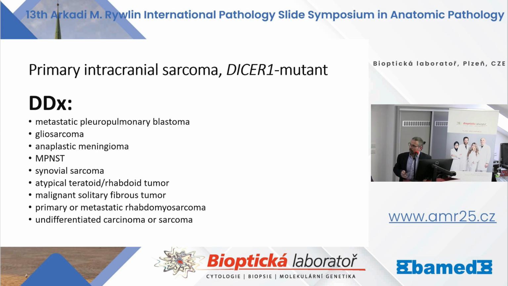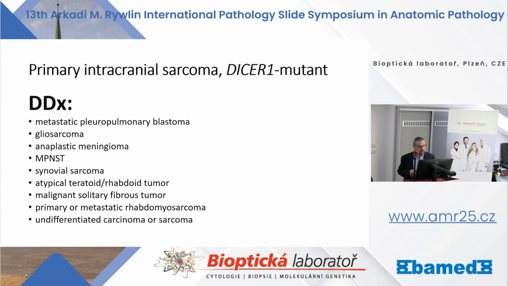The differential diagnosis is quite broad. In cases, especially when sarcomatous differentiation is present, metastatic pleuropulmonary blastoma must be ruled out by clinical means, by radiology. Glioblastoma showing no or very limited glial differentiation may look like this, and some other possibilities are also in play.